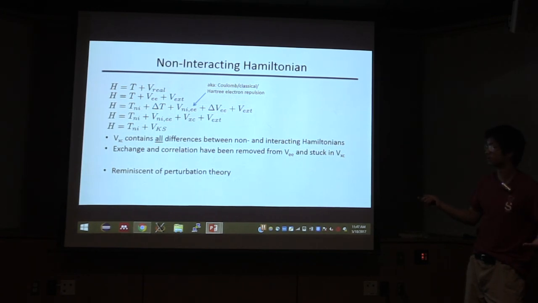So these deltas. This split into a non-interacting term and a correction term. This split into a non-interacting term and a correction term. And that stays the same. So V_XC just bundles these two together. It takes the two unknowns and we put them into a single term.